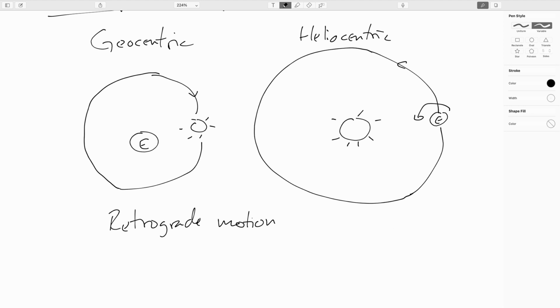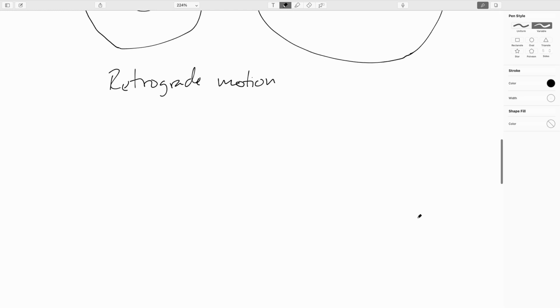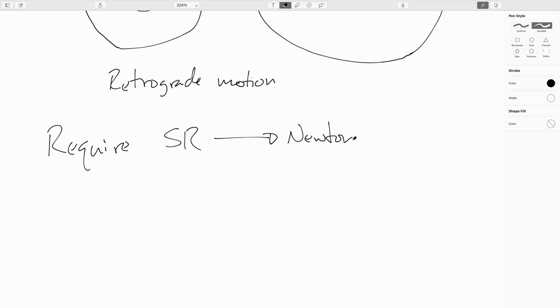So we need to have the same kind of thing happen for special relativity. We are going to need to require that special relativity converge to Newtonian mechanics when the speeds involved are much less than the speed of light.